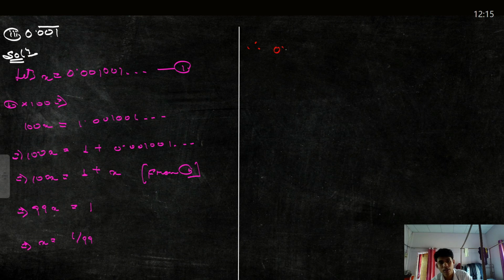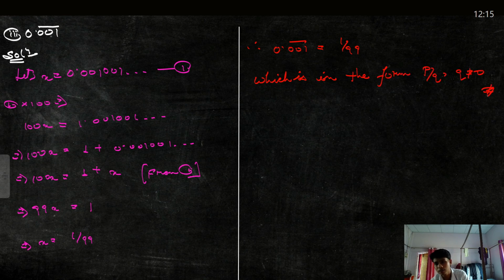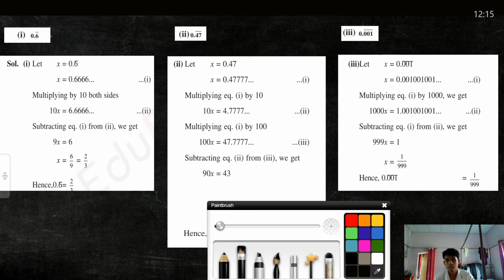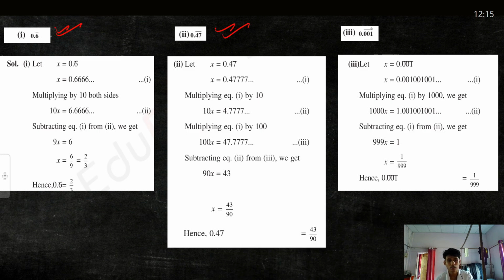Therefore 0.001 bar is equal to 1 by 999, which is in the form p by q, where q is not equal to 0. These are the solutions of number 1, number 2, and number 3.